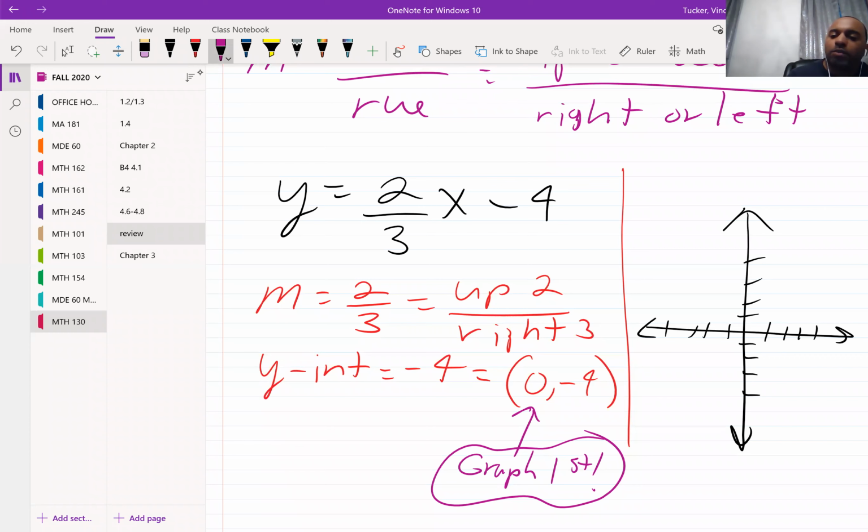So that's (0, -4). You go down to -4, and that'll be right here. Then you generate another point from the y-intercept. You don't go back to the origin. You go to your y-intercept, and then you go up 2, right 3. That'll put you right here, and that'll be your line.